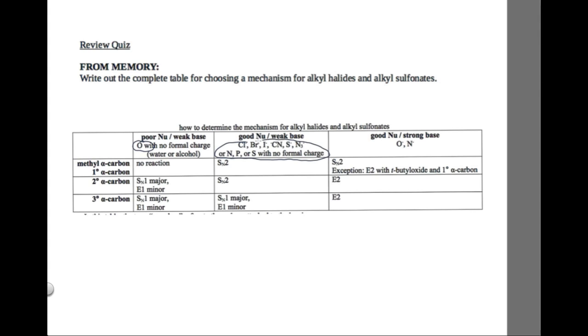You can't use the table unless you know which of these species go with each column. So you need to have memorized, for example, that neutral oxygen is in the left-hand column, negative oxygen and negative nitrogen are in the right-hand column, and this miscellaneous collection of species go in the middle column. So make sure that's part of what you have memorized.